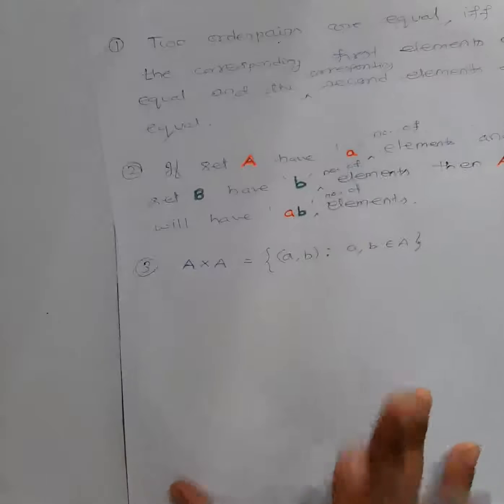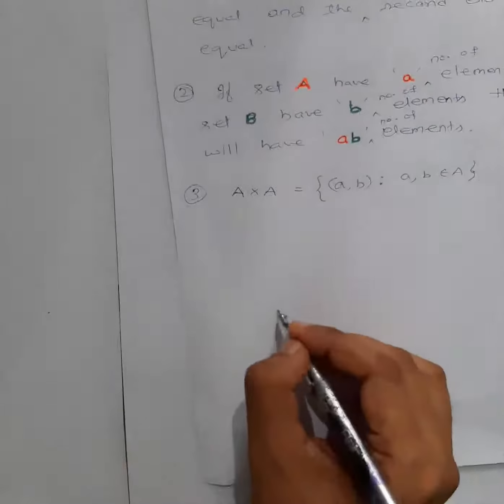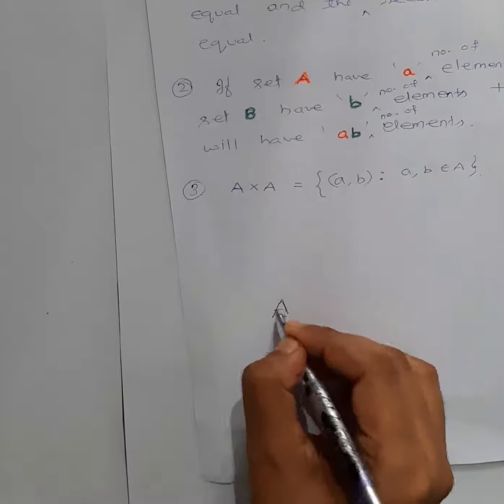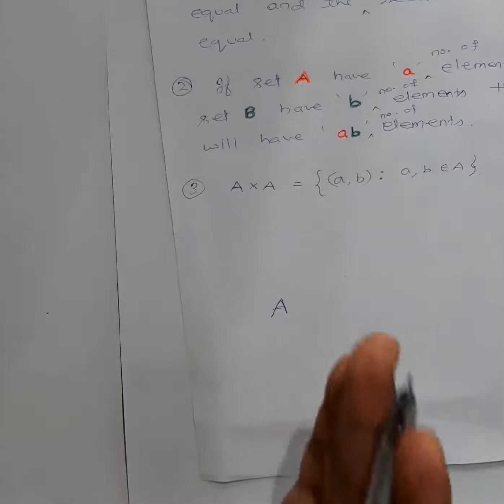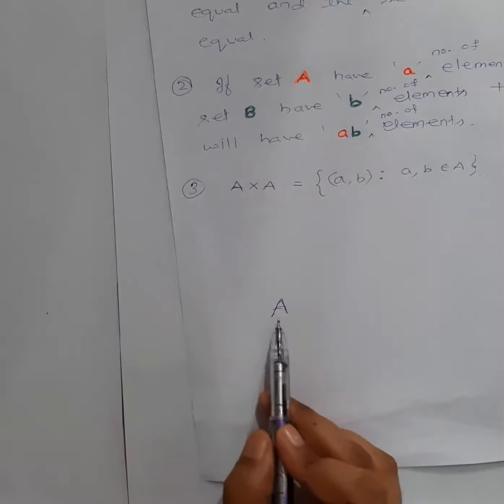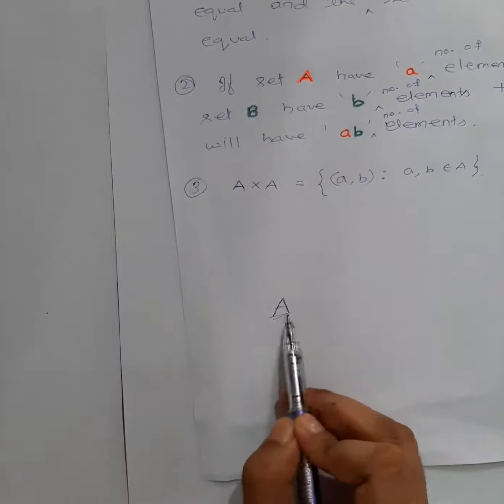Okay, next, which is very important: suppose in the question only one set is given and they ask you to make ordered pairs. How will you make them? You don't have the other set. Mostly this will happen in relation, as you will see when we discuss it; they will give only one set.